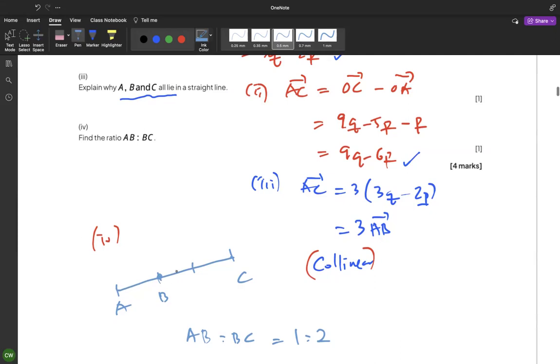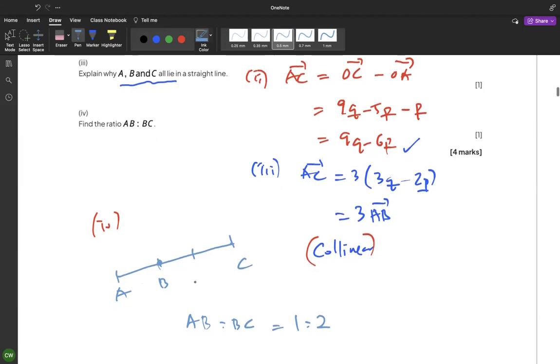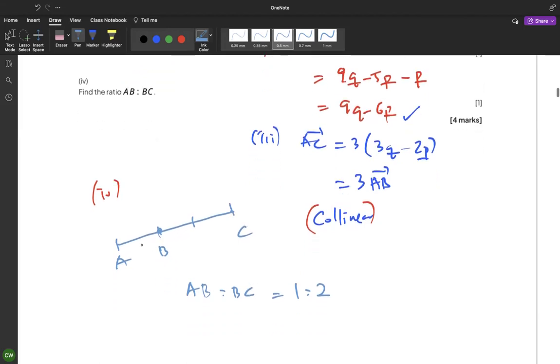That means AC got 3 parts of AB. That means B must be here. AC 是 AB 的3倍嘛，对吧？So what is the ratio AB to BC? AB 多长？一个 part 嘛。BC how many part? 2个 part. 1 to 2. 画一下。You understand? Draw the line. Help yourself to understand the diagram. Then you help yourself to get the answer. Correct or not?